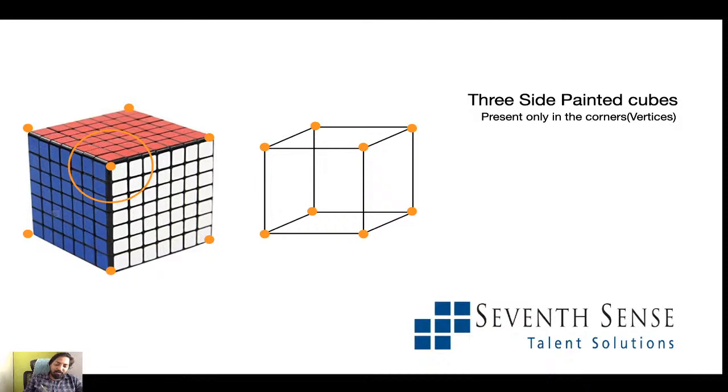Two side painted cubes. Only two side painted cubes. Where do you find two side painted cubes in this Rubik cube? On the edges. Very good.